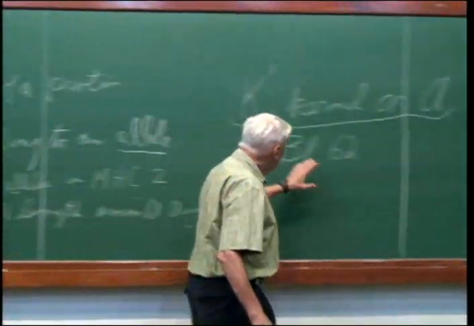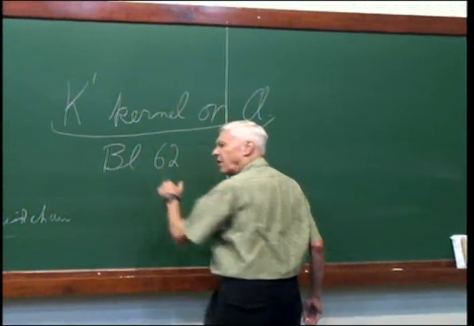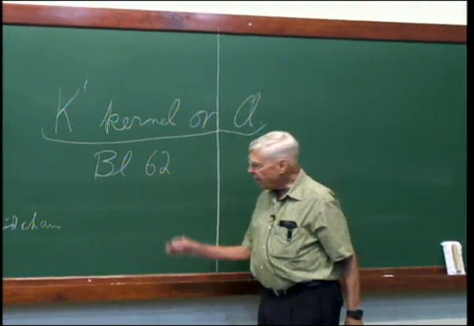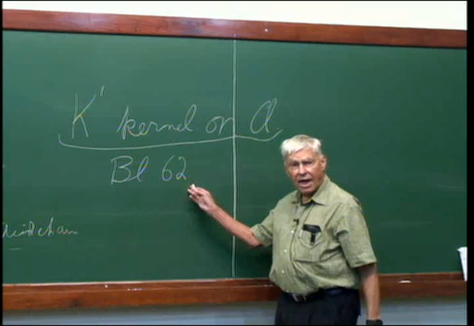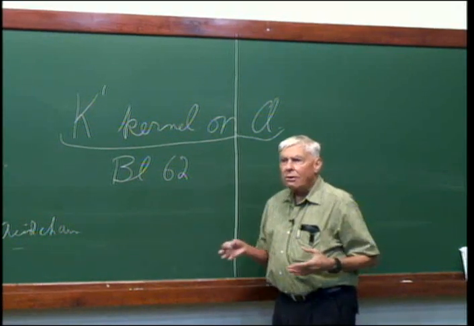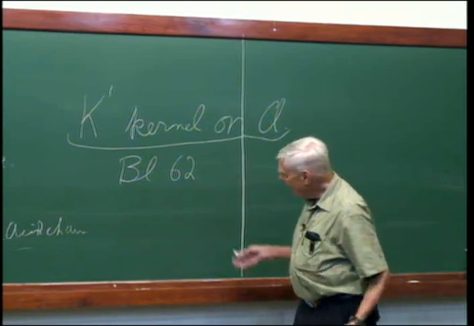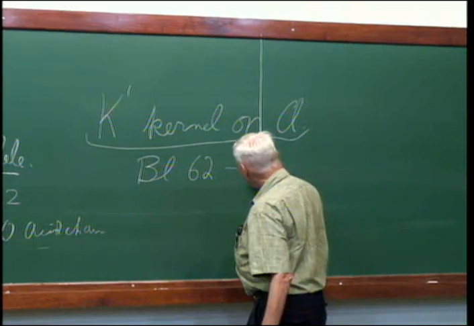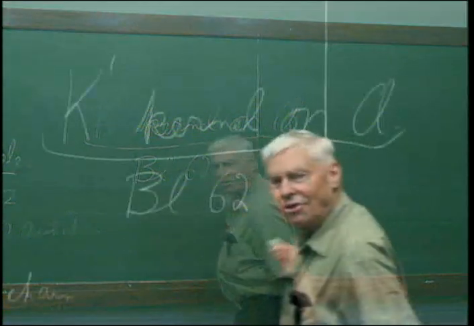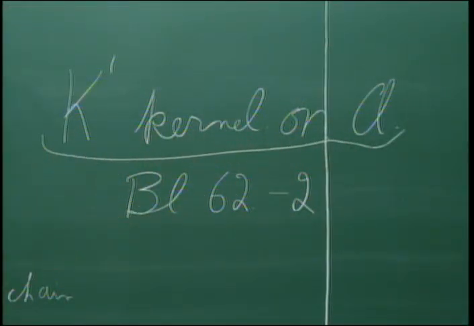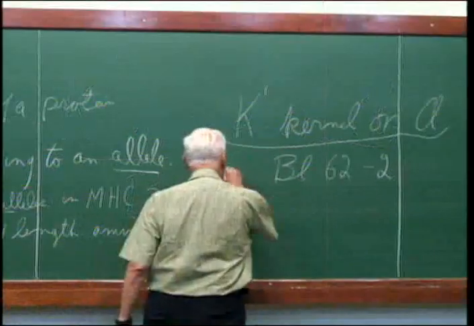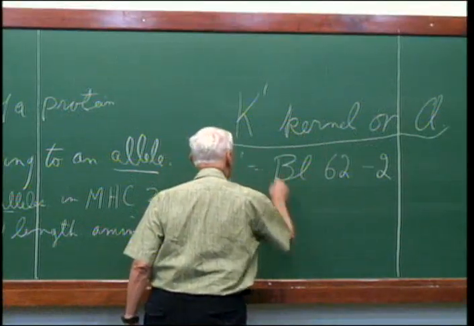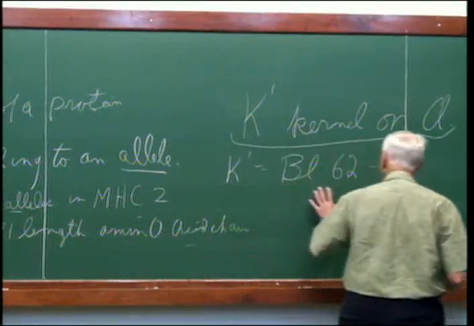We take the precursor of this matrix, which is hard to find in the literature, the precursor of that, then we do some normalizations, and eventually we get a modification of Blossom 62. We just write Blossom 62 with a subscript -2. It means our modification of Blossom 62, and that is going to be K1. Well, there's a parameter here.